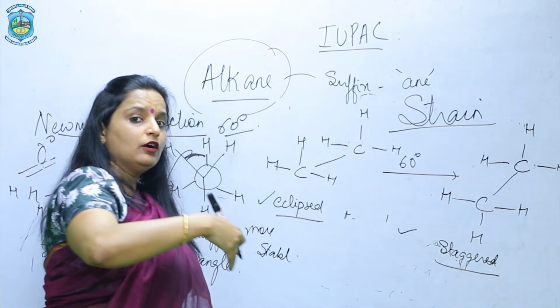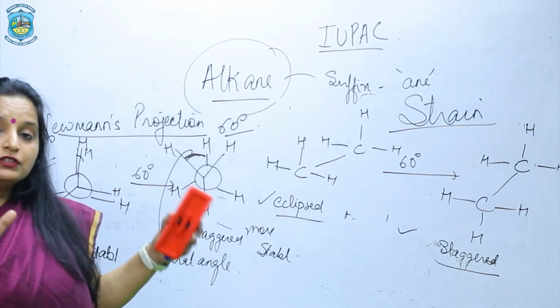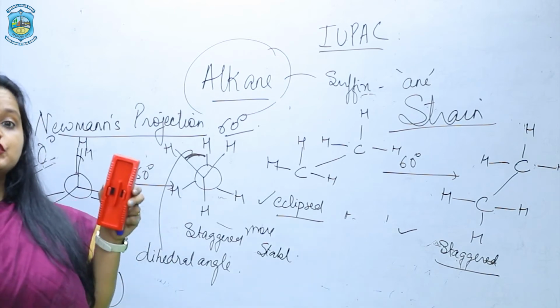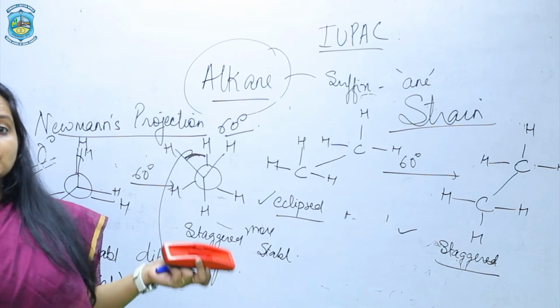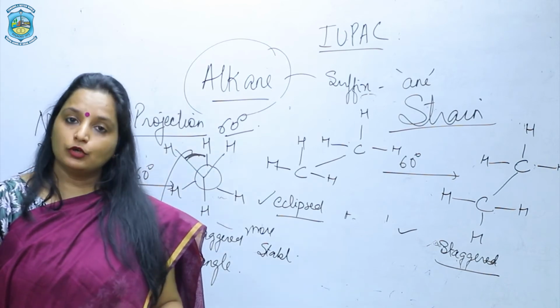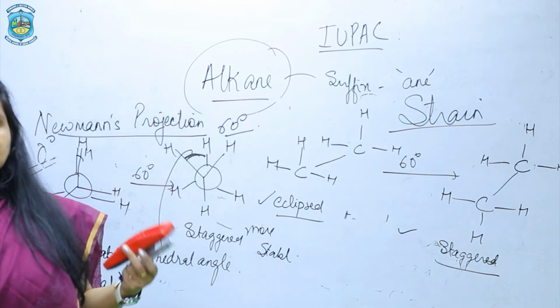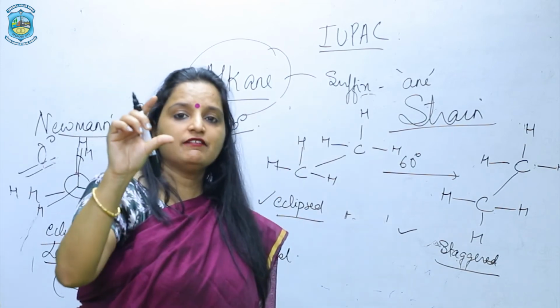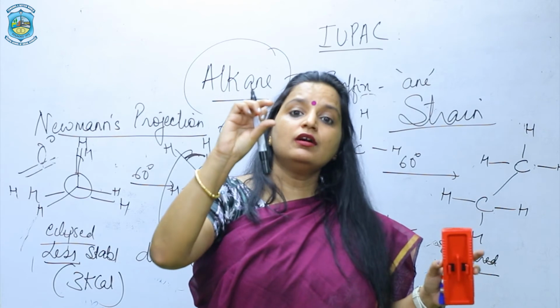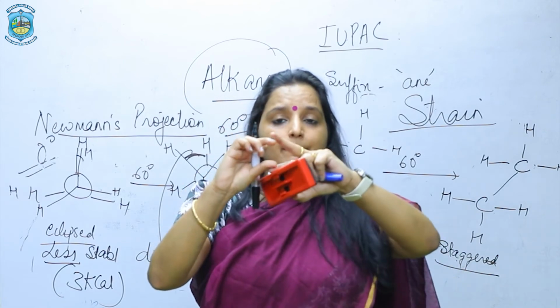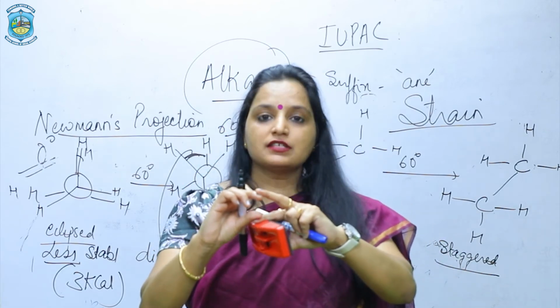Now, before moving on to higher alkanes, you need to understand what strain is. Strain refers to anything which changes the stable form of the molecule. See, in daily life we see that in our pens we have a spring. When we press the spring, this is called a compressed spring, we are applying pressure on the spring.